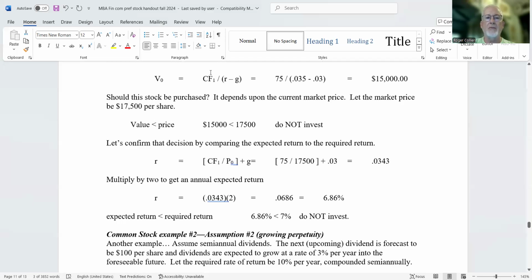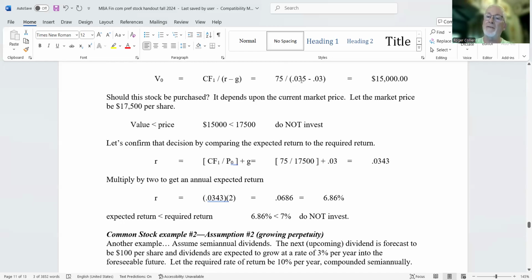Right, so value, cash flow, or dividend 1, 75. Right, they said the upcoming dividend is 75. Divide that by R minus G. Well, what happened? I thought R was 7%.